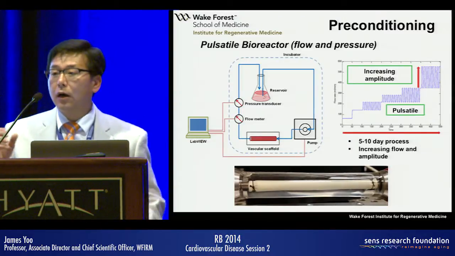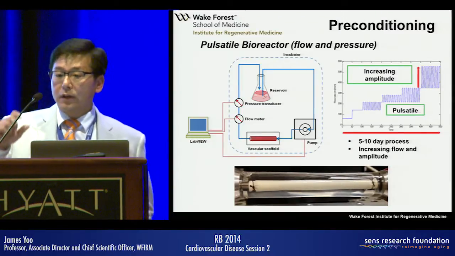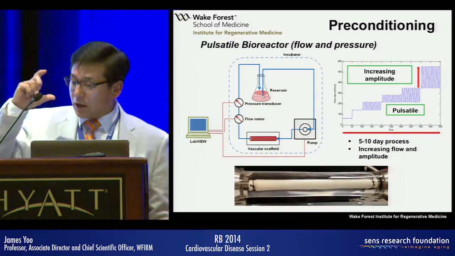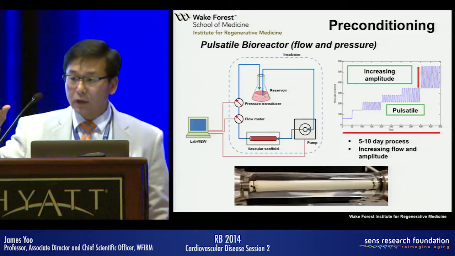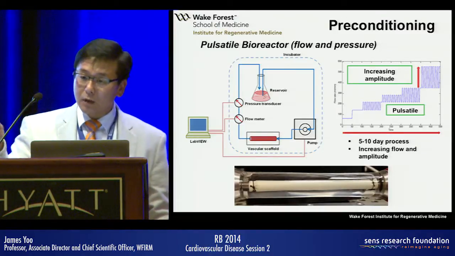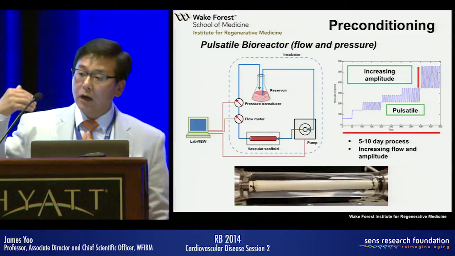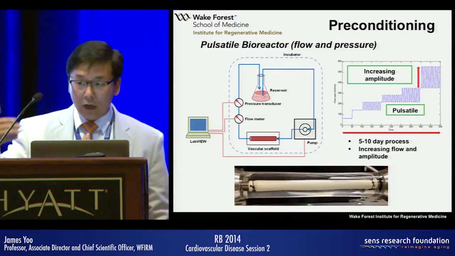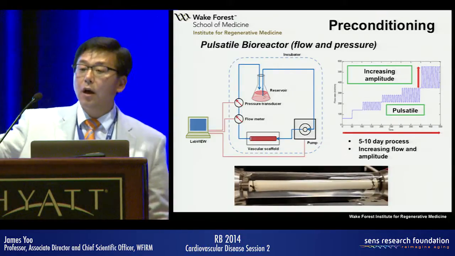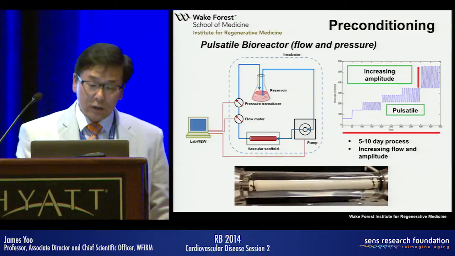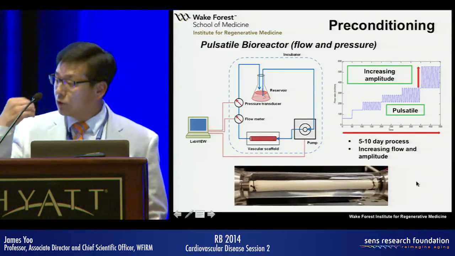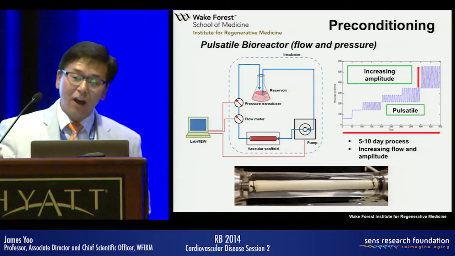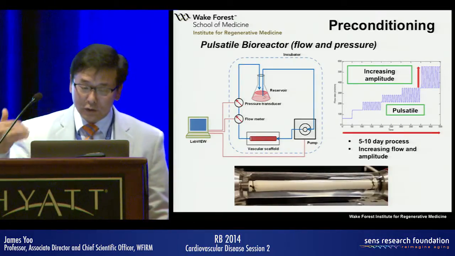If we implant that construct back into an animal, those cells will not be able to adapt to the high pressure, high flow environment, and they would fall off. That's why we have used a bioreactor to precondition them and train them to adhere to their surface.